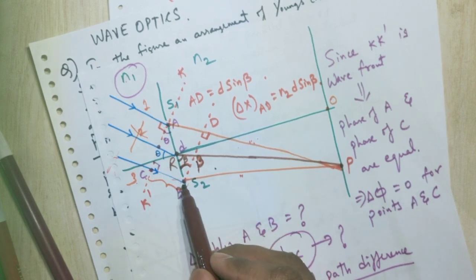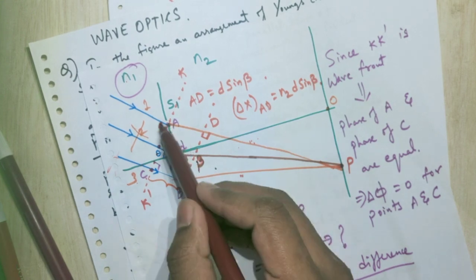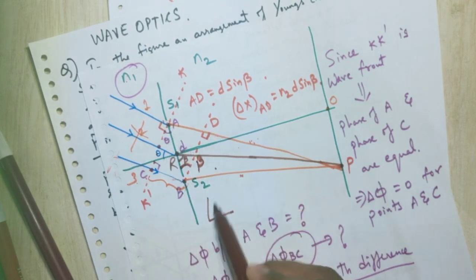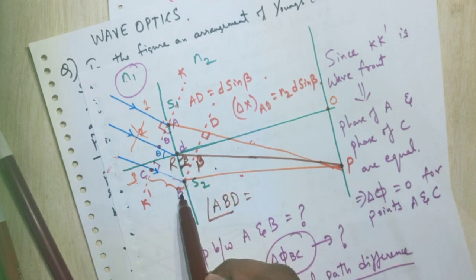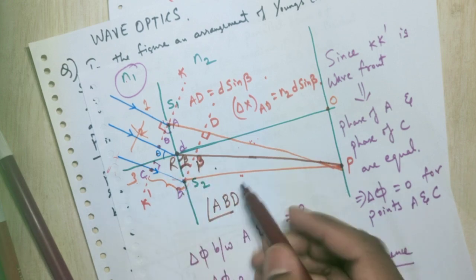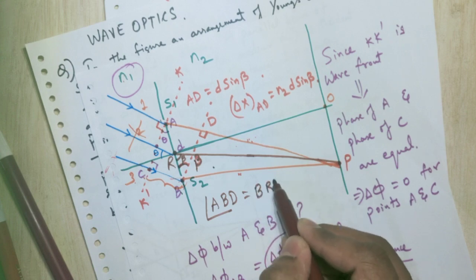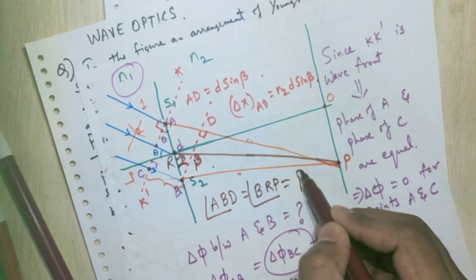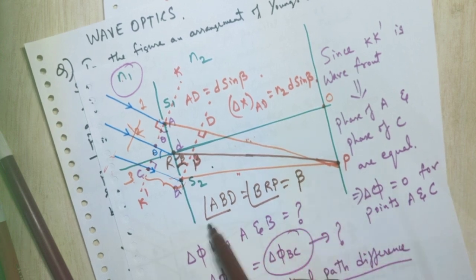Please look carefully. What did I say? Angle ABD is equal to angle BRP. Angle BRP is equal to beta. How did I come to this conclusion?